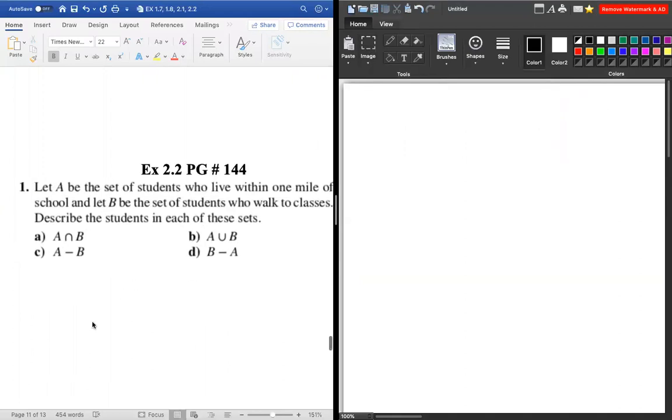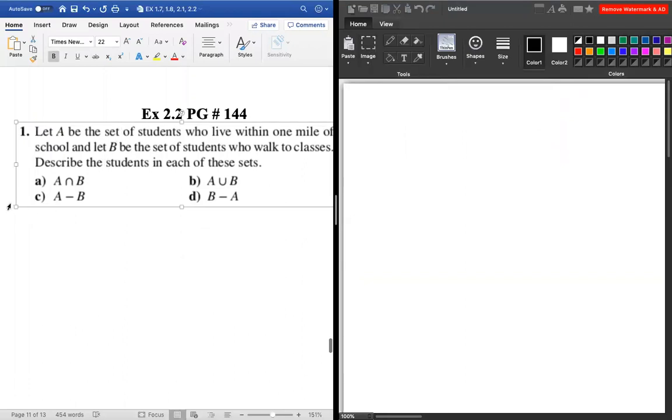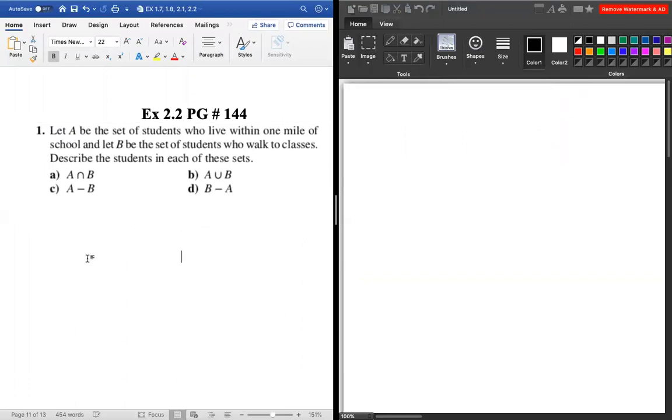This is exercise 2.2, and it's going to be the last exercise of the tutorial. So we have 2 sets, and then we will be performing the set operations on them.